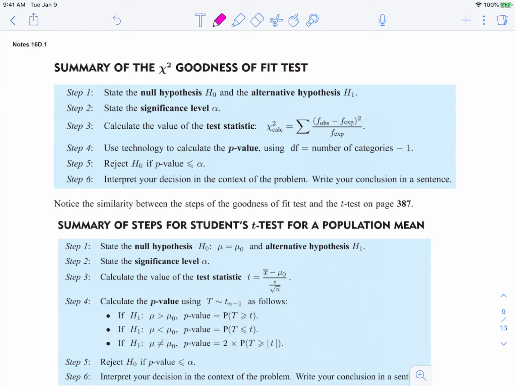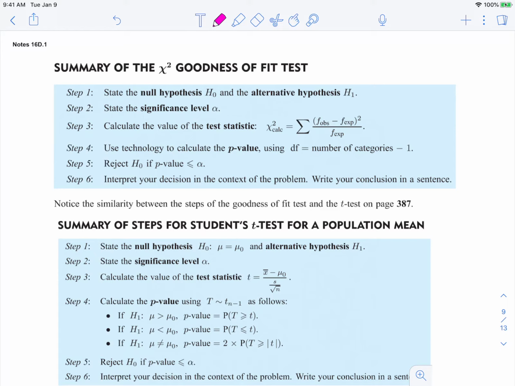So here are the steps for the chi-squared goodness of fit test. Step 1 is you identify the null hypothesis and the alternative. Step 2 is you state the significance level. Step 3, you calculate the value of the test statistic with the formula.